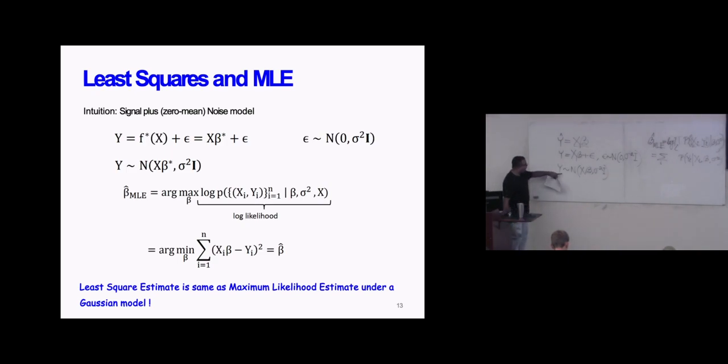So if a variable follows this, we can plug in the probability of Gaussian random variables, right? So probability of yi given xi, beta and sigma square will be this bell curve. And the definition of that is 1 over sigma root 2 pi, e to the power minus half, yi minus the mean, divided by sigma, whole square.